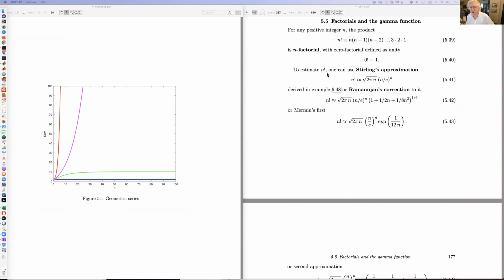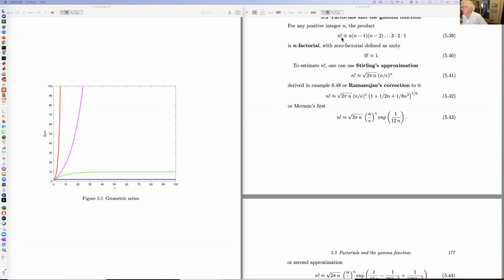Because n factorial is so important, for example, the exponential function, the sine function, the cosine function are defined in terms of power series that involve n factorial. So because it occurs so much, one often needs to know what it is.